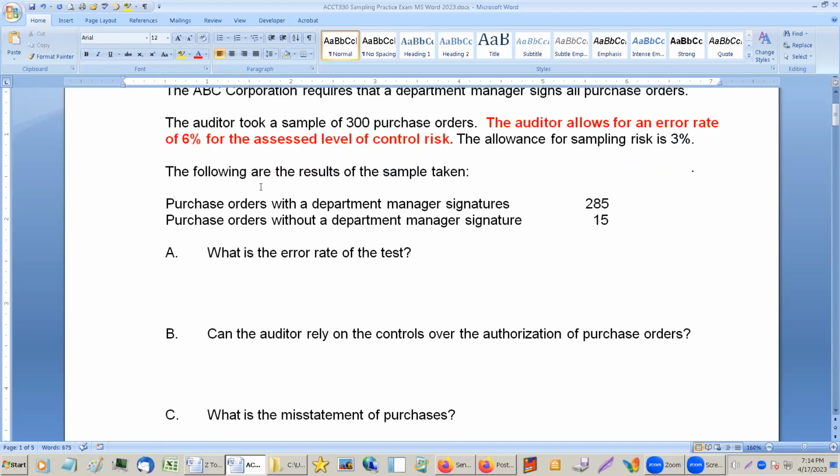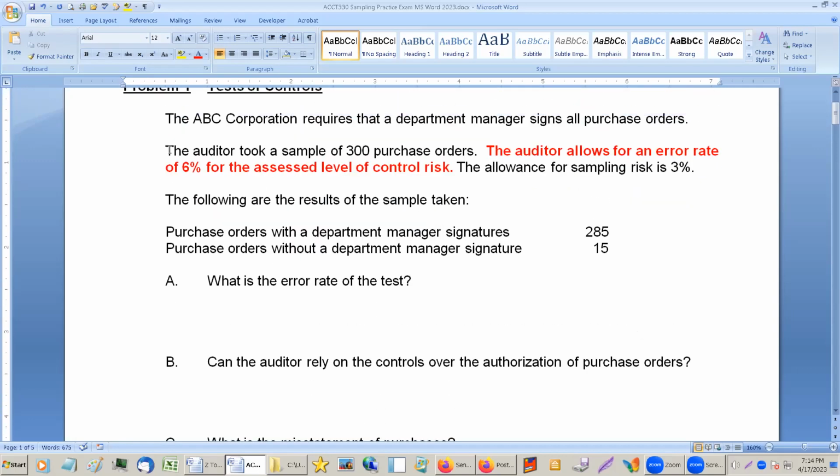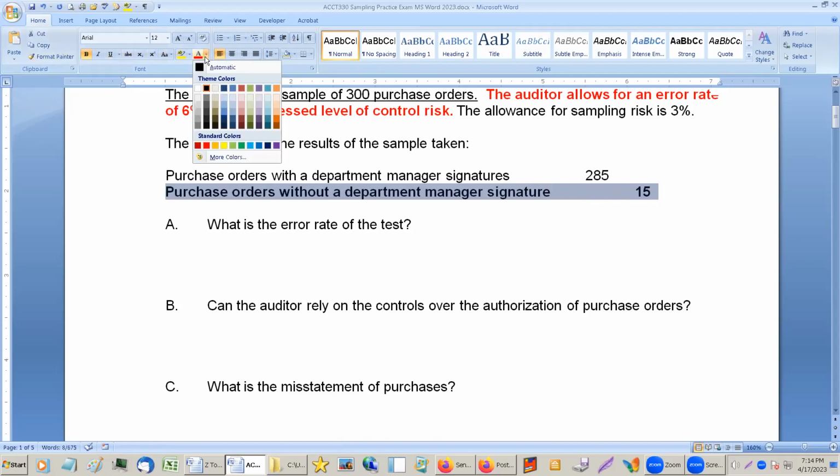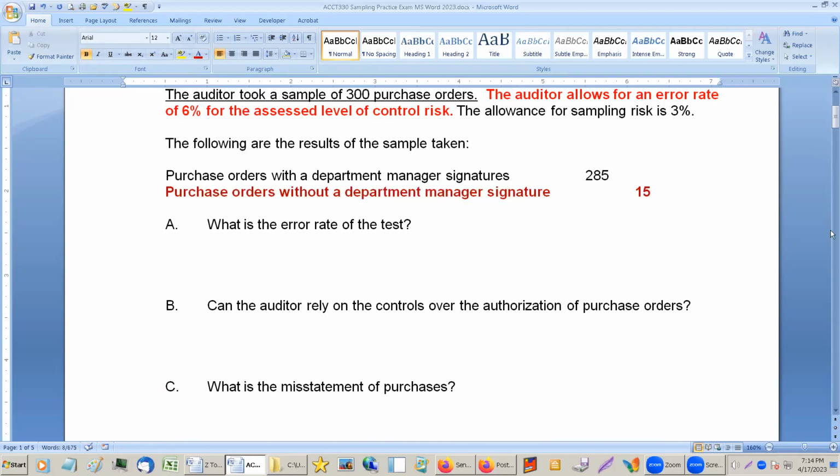So we have 300 purchase orders. And 285 of them are okay. 15 of them do not have a department manager signature.